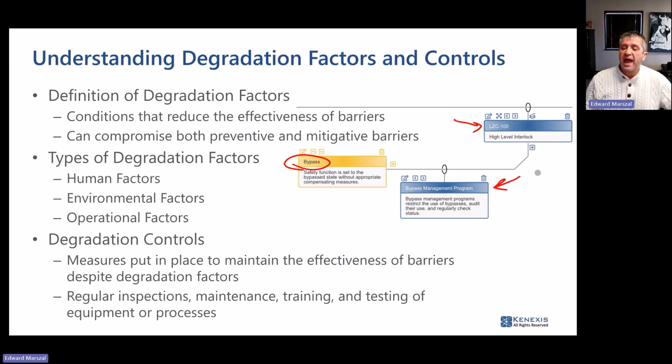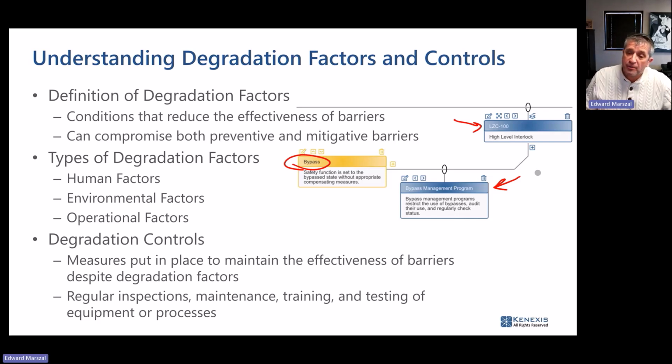So you might have a bypass management program that restricts who can implement a bypass, how they perform the bypass. You might have a system to put together a worksheet that needs to be approved before you can put something into bypass.